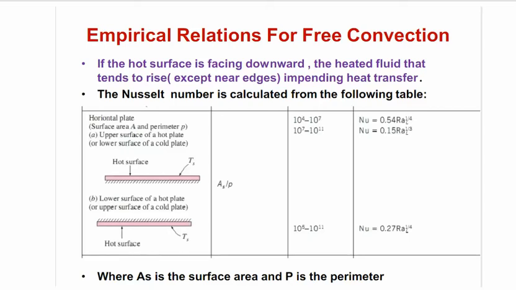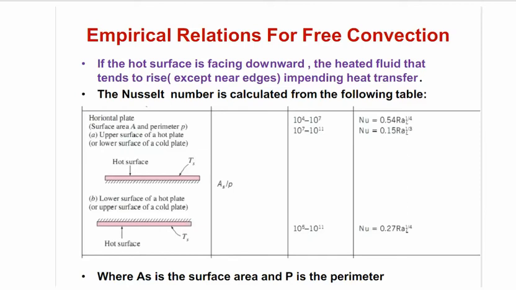The Nusselt number is calculated as follows. First we take a horizontal plate with surface area A and perimeter P. In the first case, the upper face is the hot plate.